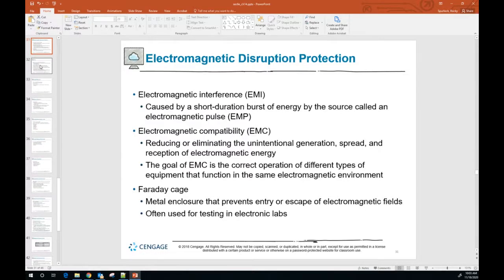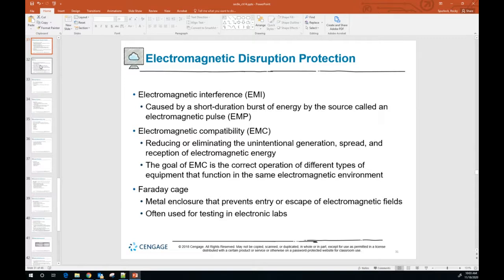Electromagnetic disruption protection. We have a couple of these we're going to talk about. The electromagnetic interference. This is caused by a short burst of energy by the source called an electromagnetic pulse, or EMP. Electromagnetic compatibility, the EMC.